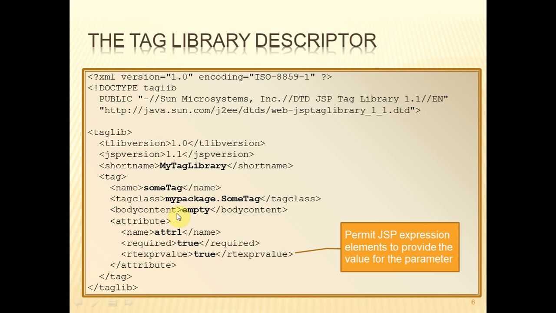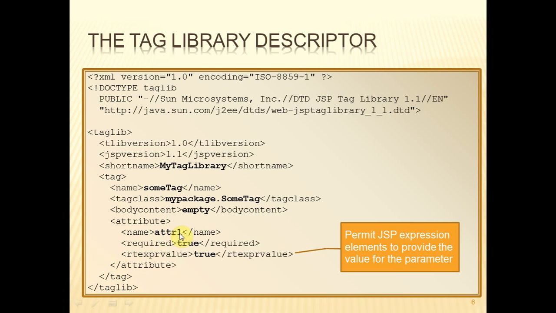In this example, the body content is empty. The other permitted value is JSP. And then in this example, we've got one attribute. So this defines a single attribute that belongs in the tag, and therefore we would expect in the tag, whenever it's written, to have attr1 equals and then some value.